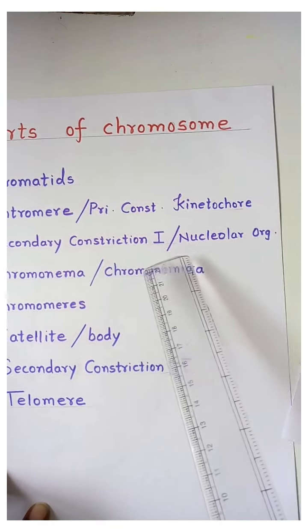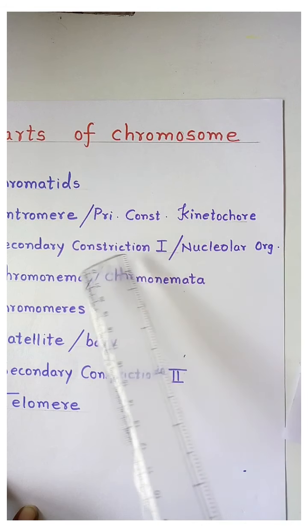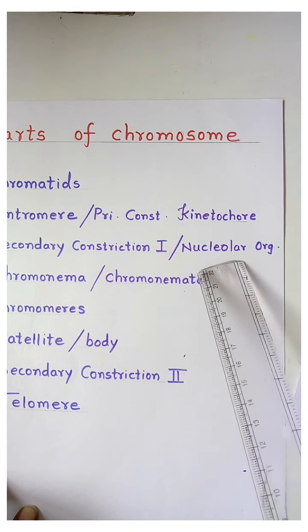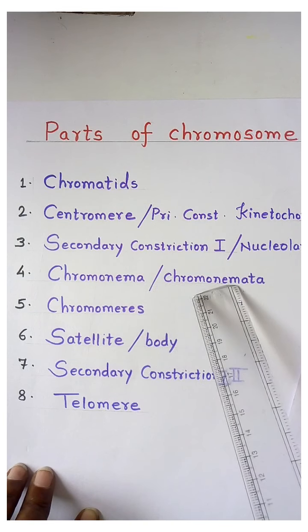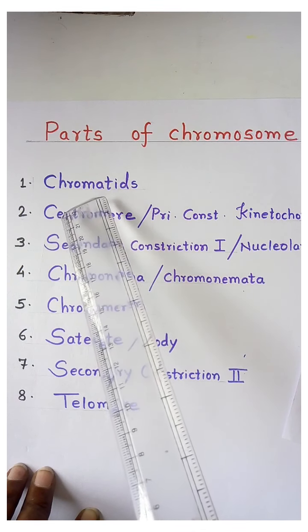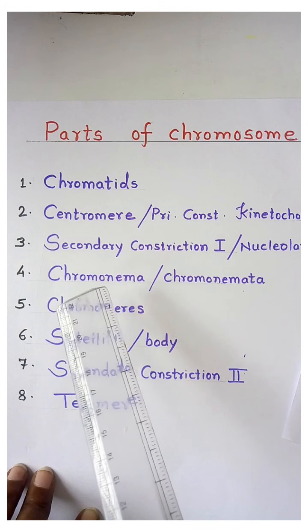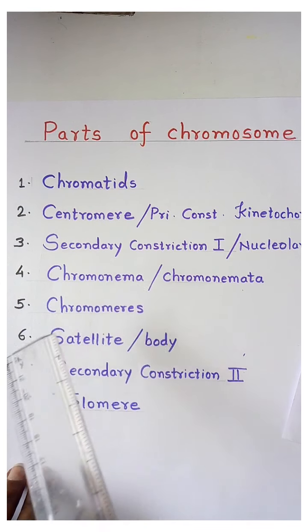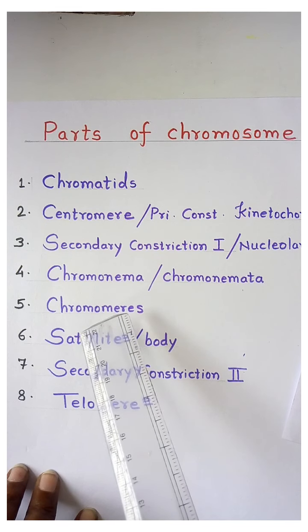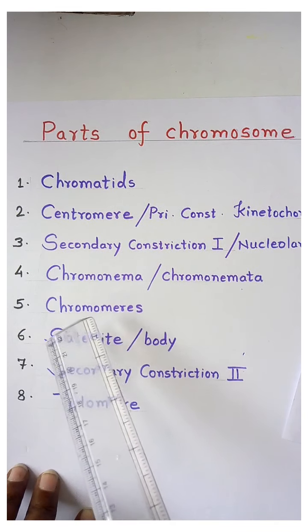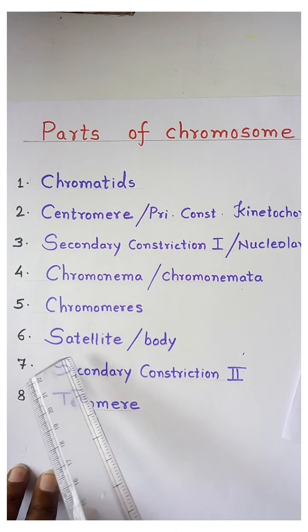Secondary constriction or nucleolar organizer is the place where nucleolus is organized. Chromonema or chromonemata: each chromatid consists of double-stranded DNA called chromonema. Chromomeres: a group of bead-like granules present on chromonemata are called chromomeres.